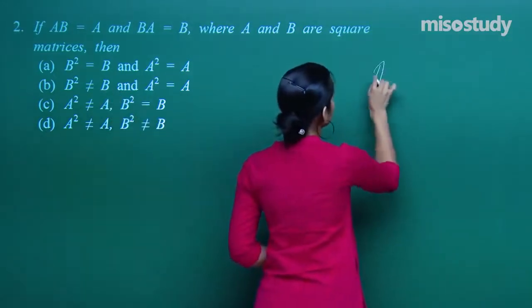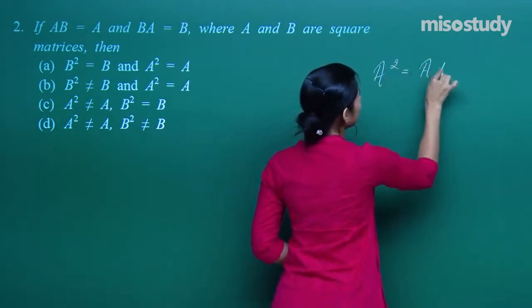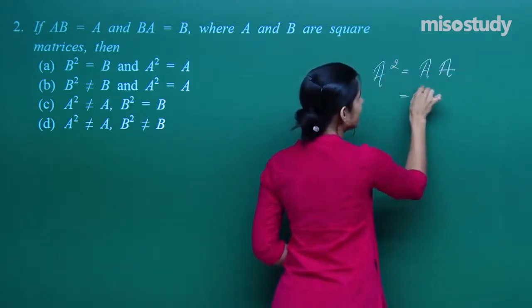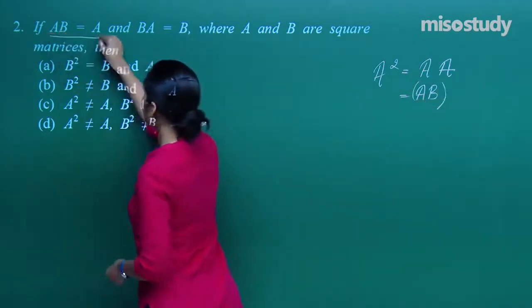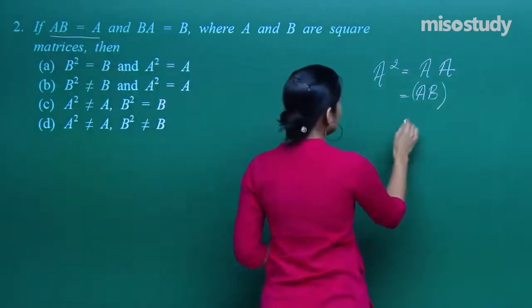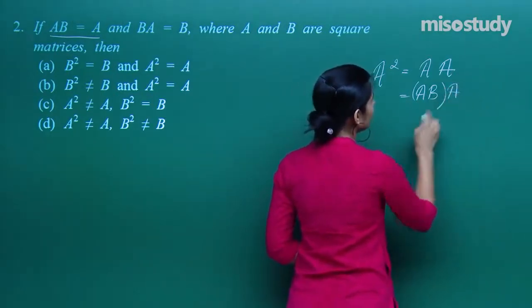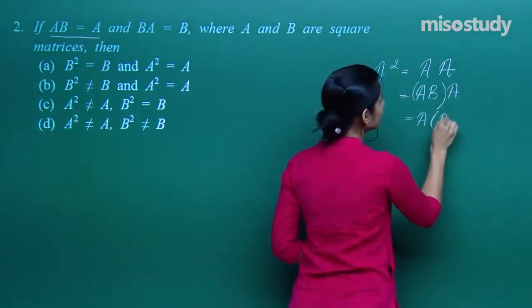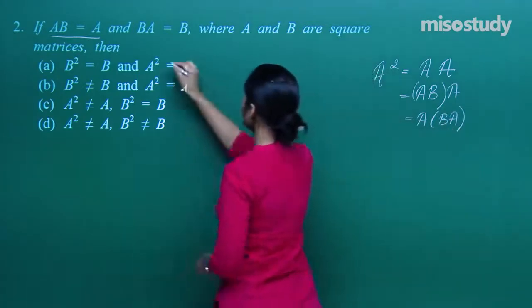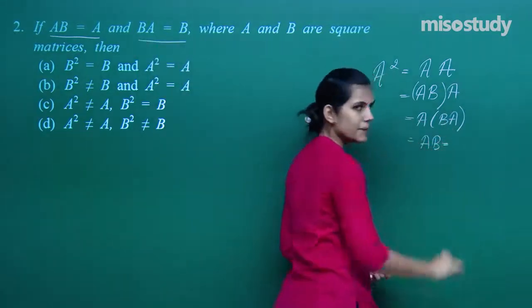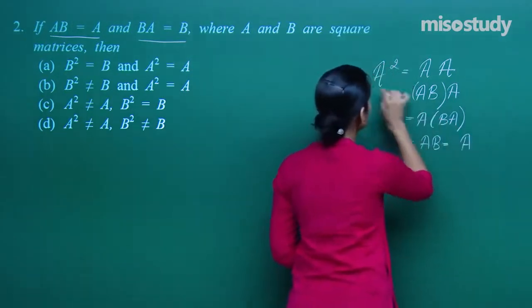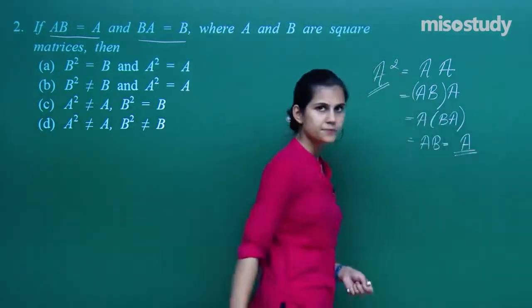Talking about A square, this is A into A. A can be written as A into B because A into B is given as A. A into B into A. By associativity, I can write it as this. But B into A is given as B, so I get A into B. But A into B is again given as A, so I get A square is equal to A.